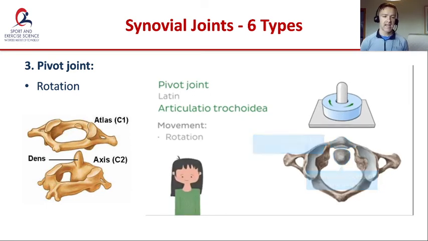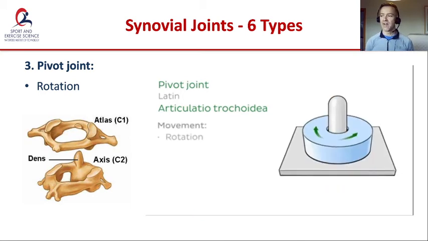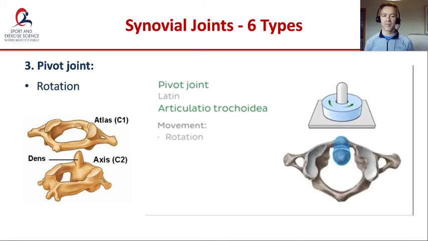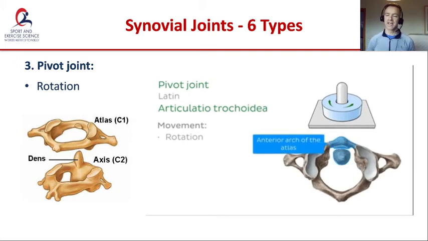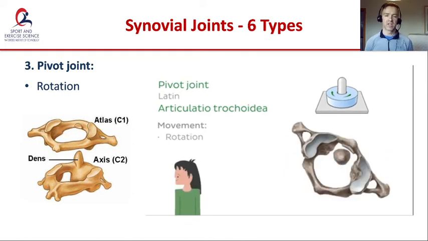The main type of pivot joint that we have in our body is in our neck. The top two vertebrae of your cervical spine. Remember we said when we're looking at the spine, we've got individual vertebrae that make up the spinal column.